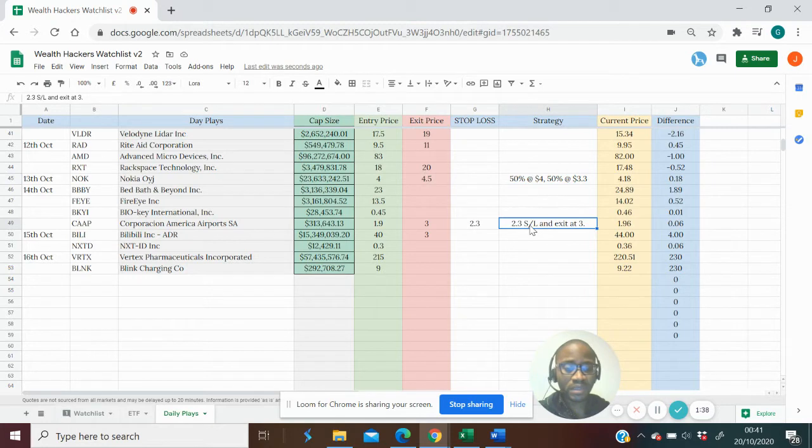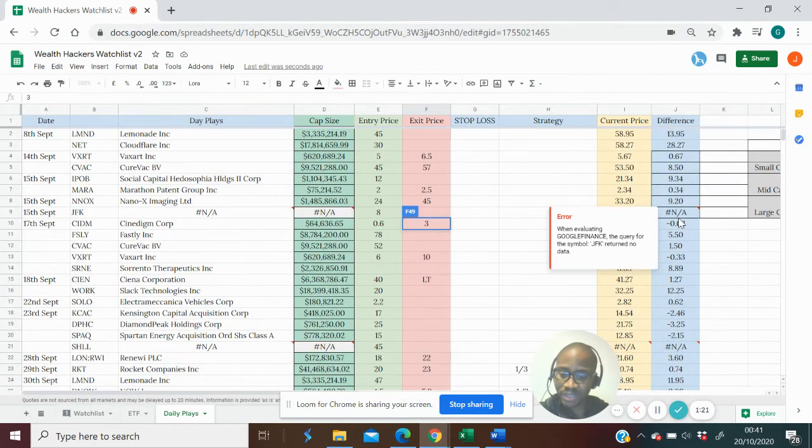So here I'm saying when it gets to 2.3, it hits your stop loss, which I should have put here anyway, and then exit at 3, the target exit price. So I've actually got them all here: the entry price 1.9, stop loss at 2.3, exit price at 3.